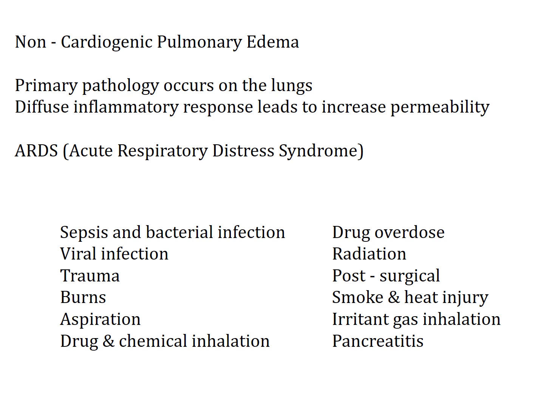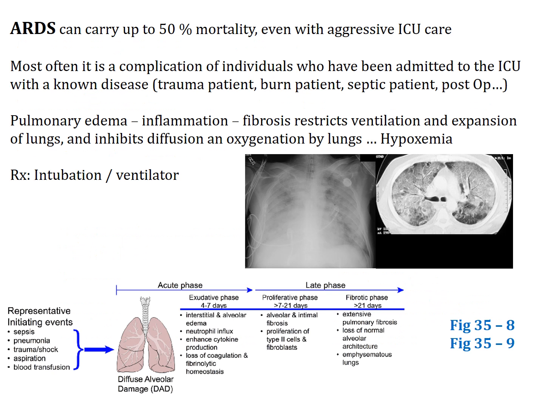Often that pathology is directly on the lung itself, leading to inflammation, increased capillary permeability, and filling up of the alveoli with fluid. This can be pretty aggressive and carries a pretty high mortality rate. Those of you working in ICUs and critical care medicine probably deal with this on a daily basis.